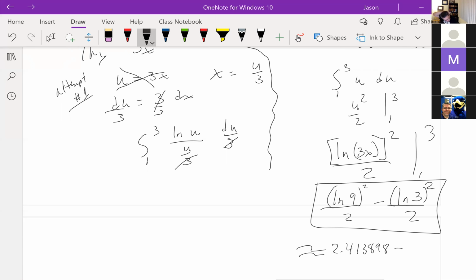Minus the natural log of 3 squared over 2. What's the natural log of 3 squared over 2? That's going to be 0.603474. And all I have to do is subtract those two numbers, and I should get an approximate value.